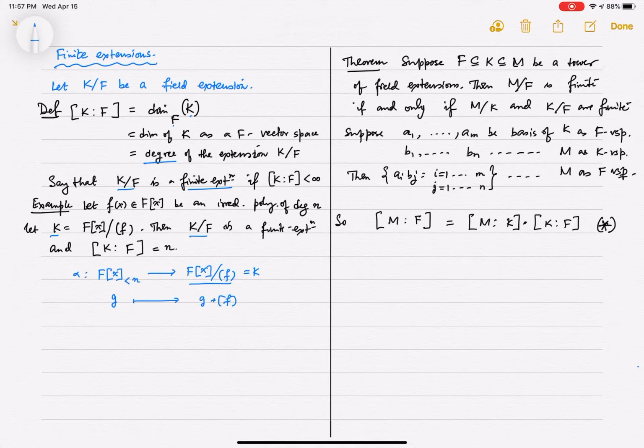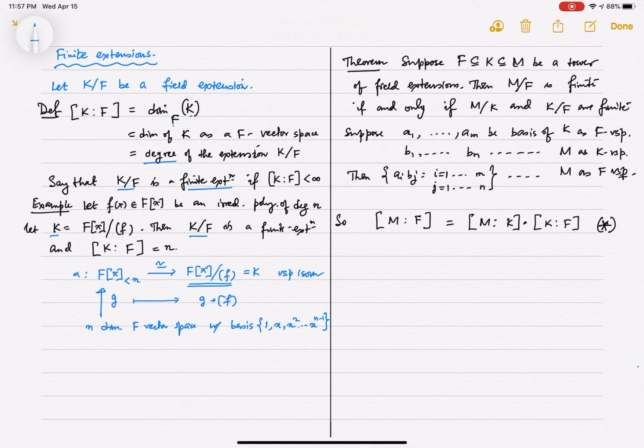And this is actually a vector space isomorphism. And this is clearly an n-dimensional F vector space with basis 1, x, x squared through to x to the n minus 1. So this one also is.